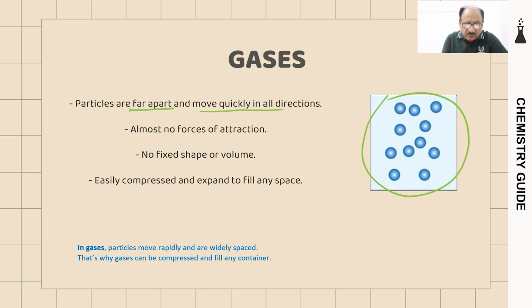Diffusion of gases depends on the spaces between the particles. They have almost no forces of attraction, and no fixed shape or volume. So gases can be easily compressed and expand to fill any space available to them. In a nutshell, in gases, particles move rapidly and are widely spaced.